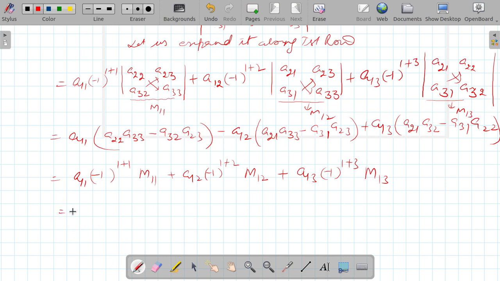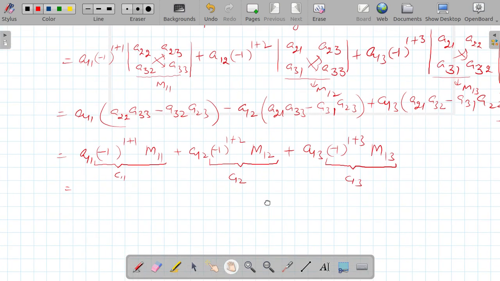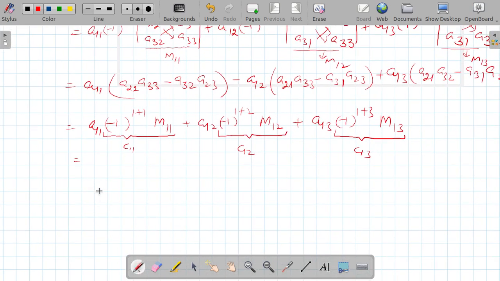Each such whole quantity is known as the cofactor of the element. Let me call them C11, C12 and C13. So this is A11 C11 plus A12 C12 plus A13 C13.